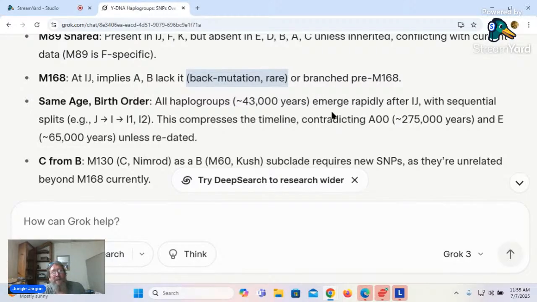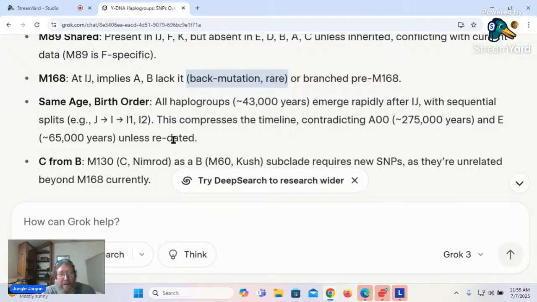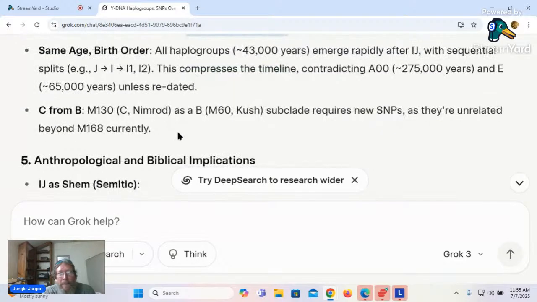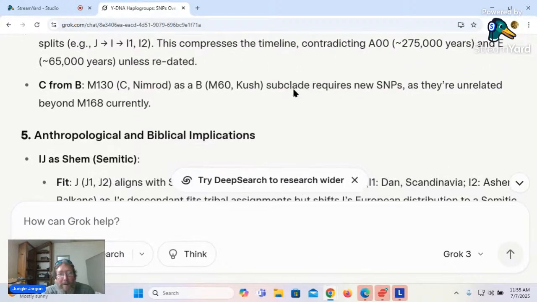When you have a large genetic distance, it can lose markers, which it obviously did, because there's no question as to who these people are, who these haplogroups are. I mean, a lot of people will question it, but as far as I'm concerned, there's no question these are who they are.